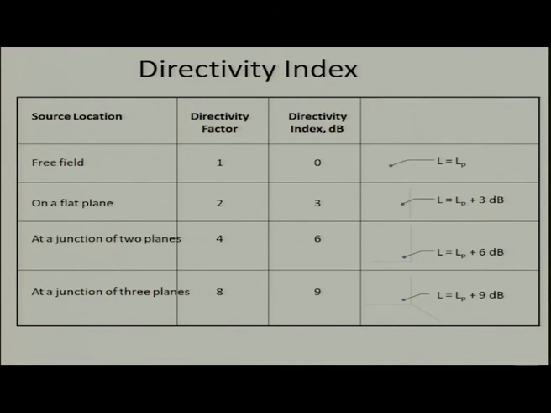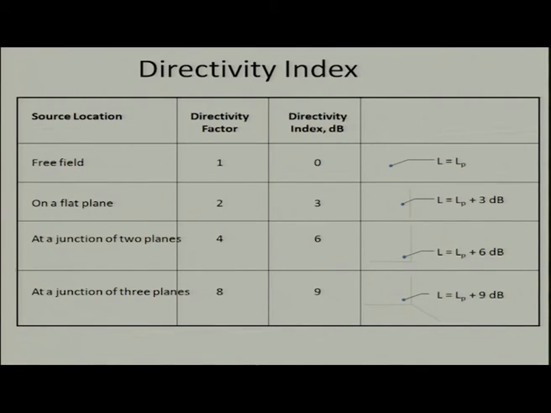If I have a flat plane and my sound producing object is located on that flat plane, then I have to add 3 more decibels. If it is at the junction of 2 planes, then I have to add 6 more decibels. And if my sound producing object is at the junction of 3 mutually perpendicular planes, then I have to add 9 extra decibels.